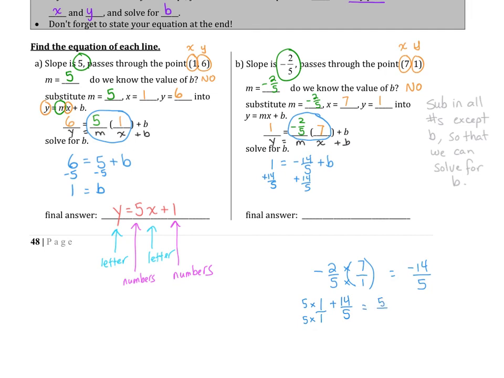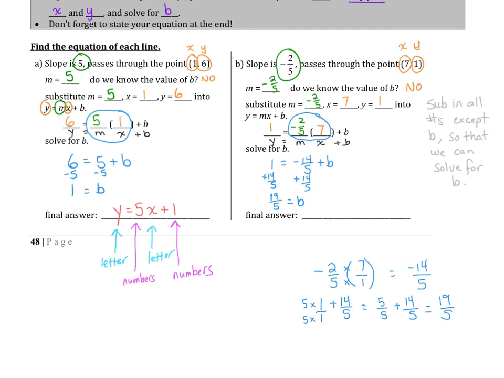So this gives you 5 over 5 plus 14 over 5, which is 19 over 5. So that is your value of b. But if you're a fraction phobe, which some people are, feel free to use your calculator. If you're still not sure how to use your calculator, then just let me know.